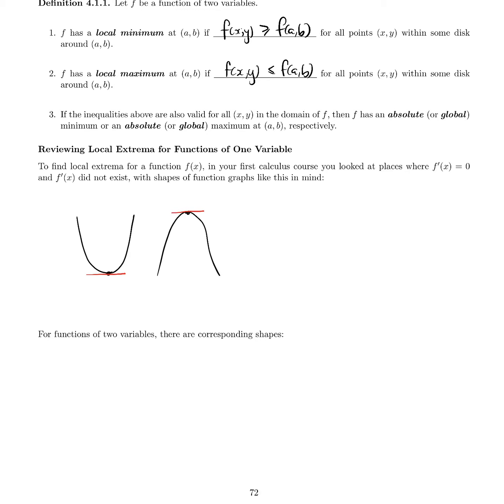If we call this point A, f prime at A is equal to 0. But there were also places with sharp points like this, again if we call this A, where f prime of A did not exist.